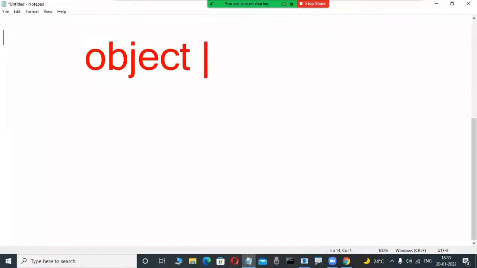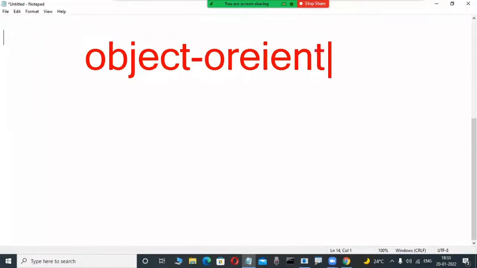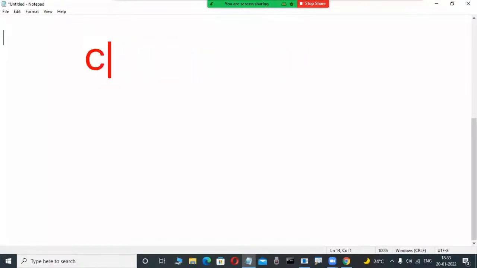Suppose there are so many object-oriented languages. Maybe so many fellows have an idea. Object-oriented languages are there worldwide. C++ is an object-oriented language. Java is a popular object-oriented language.